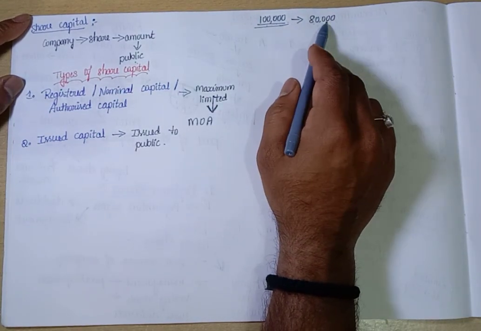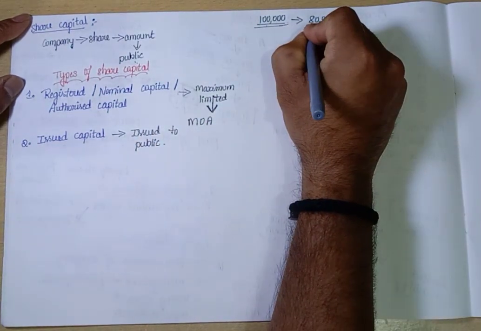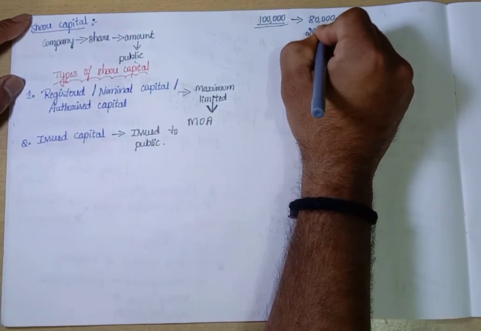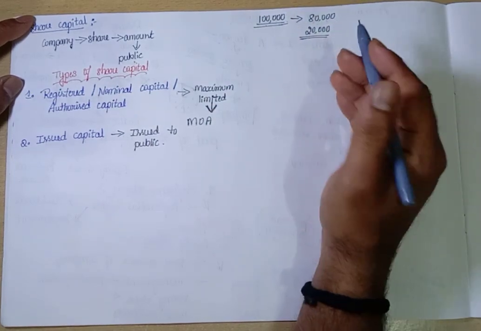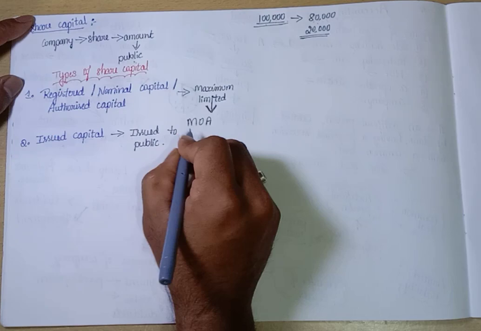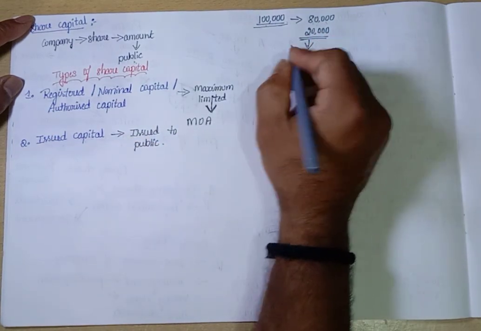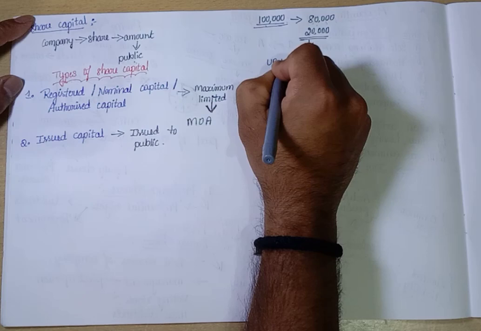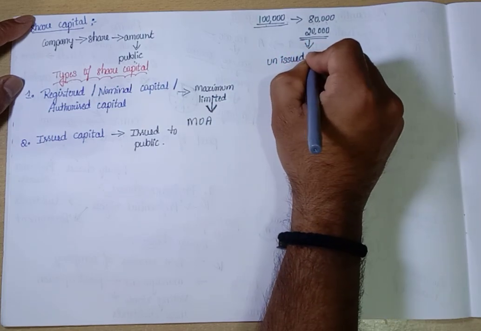That 80,000 is called issued capital. Then what about the remaining 20,000? I did not issue this 20,000, so I am keeping it with myself. That 20,000 is called unissued capital.